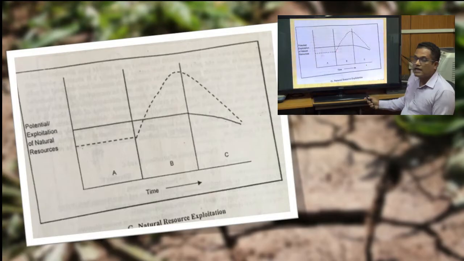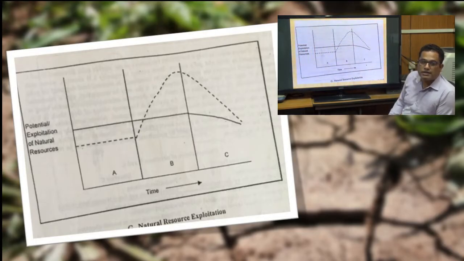The exploitation suddenly started increasing, and at some stage it reached the potential level. Still the population is ever increasing, industrial activity is ever increasing, the food requirement is also increasing.